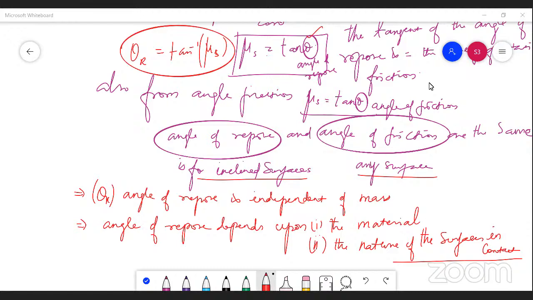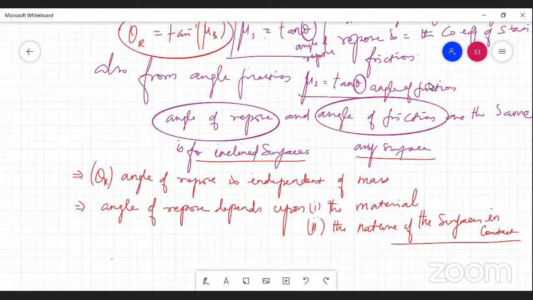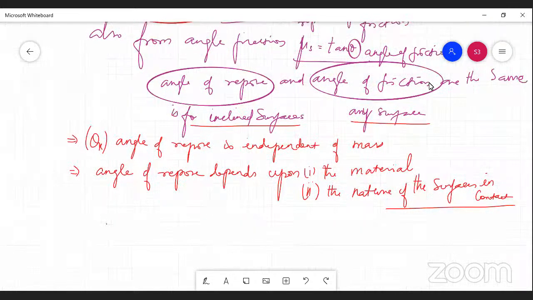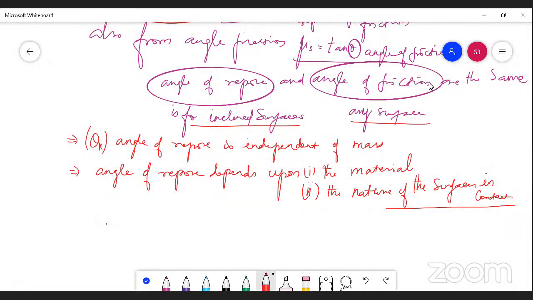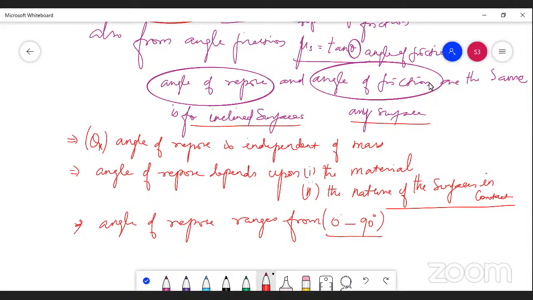And also this angle of repose ranges from 0 to 90 degrees. This you should know. The angle of repose ranges from 0 degree to 90 degree. So the inclined surface may be exactly parallel to the horizontal surface.